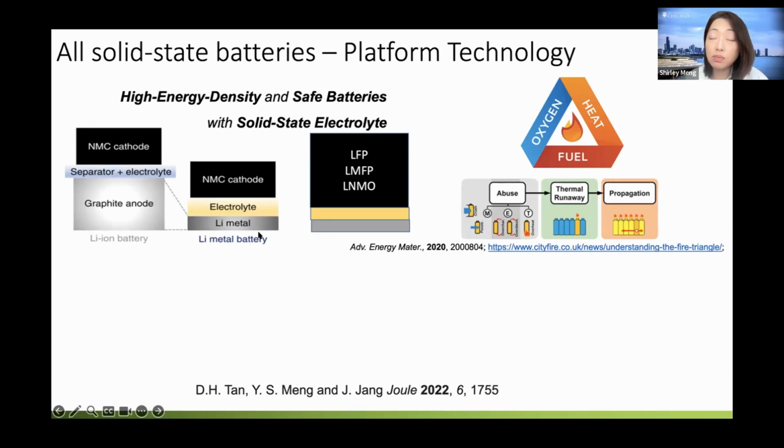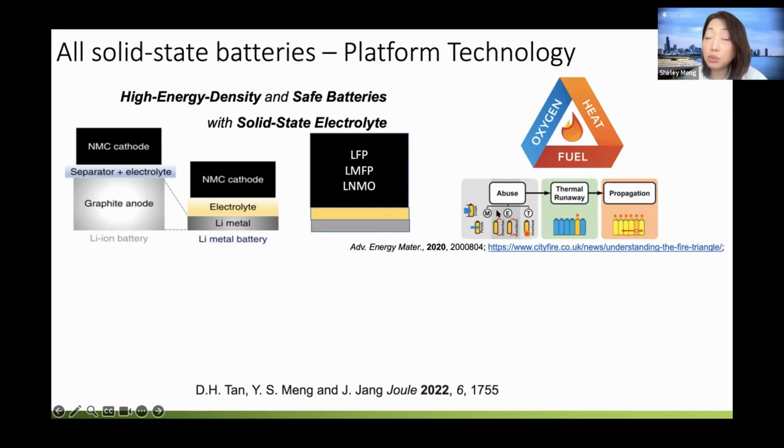In fact, on most of the anode side, there is really no electrolyte inside the anode because we typically use lithium metal, or later I will show you the 99.9% pure silicon anode. And it becomes a platform technology because we can replace the well-known NMC cathode with all possible other types of cathode: LFP, LMFP, spinel NMO.